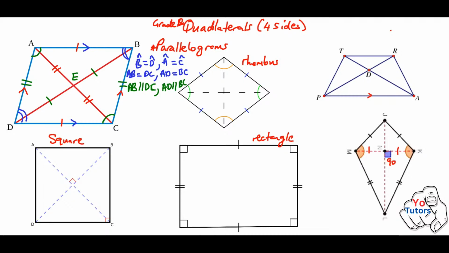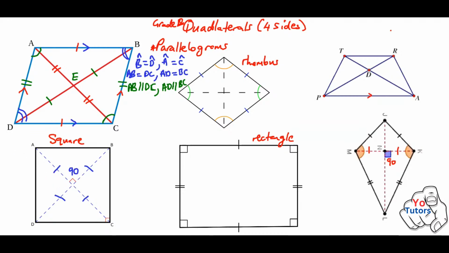A square is a parallelogram, but what is additional is that the diagonals bisect each other, and they are also equal. And the diagonals are perpendicular to each other, so the angle they meet at is 90.